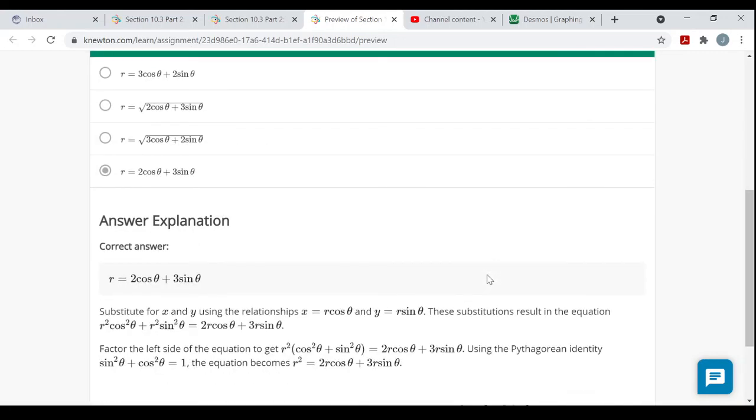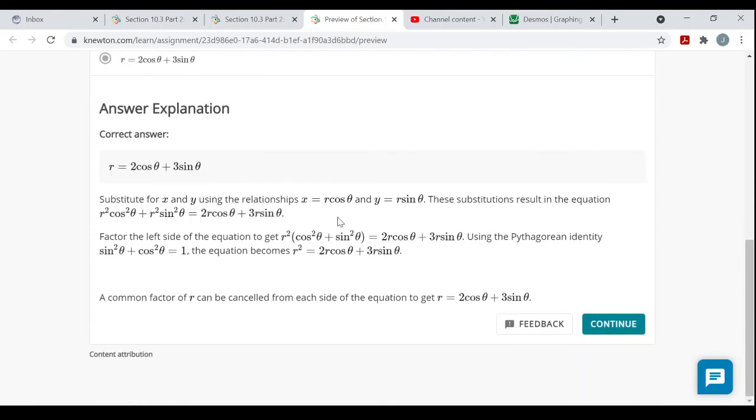And they go through it. Now again, they do it the long way, where they just remember that cosine squared plus sine squared equals 1, and they get the same thing. See, a common factor of r can be canceled. So again, these can be tricky, as they said in the notes, because some equations in rectangular are very difficult to change to polar in a convenient way, and vice versa.